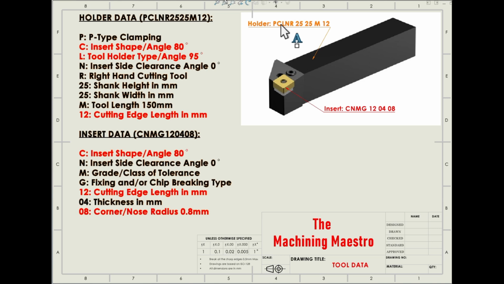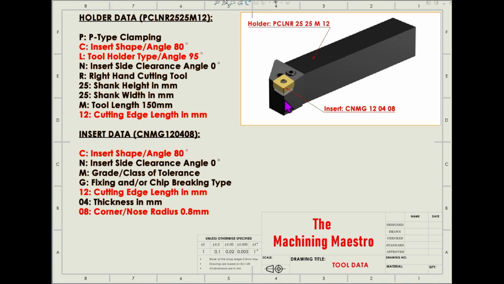C is the insert shape or insert angle, which is 80 degree. The angle produced over here is 80 degree. The tool holder type or tool holder angle, the angle produced between this surface and this surface, is 95 degree. The insert side clearance angle is 0, which is represented by N. N represents that the side clearance angle is 0 degree.